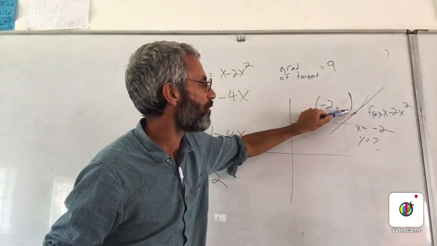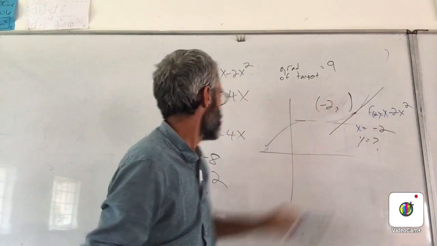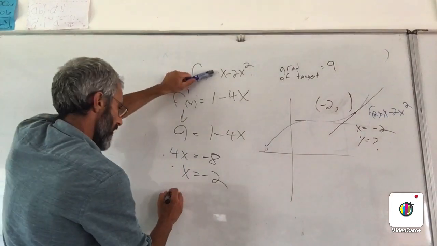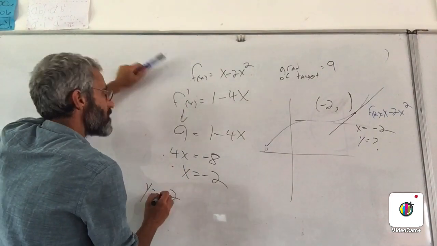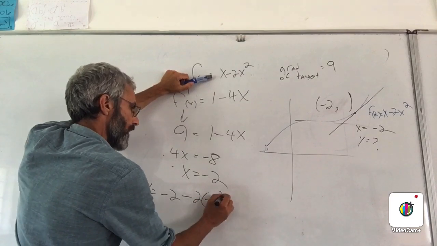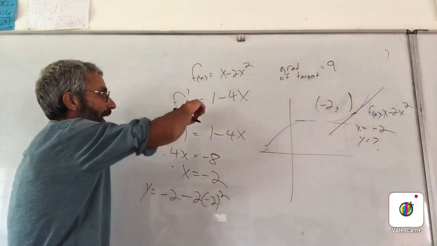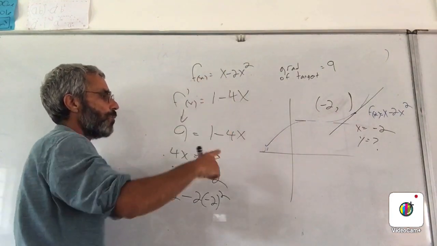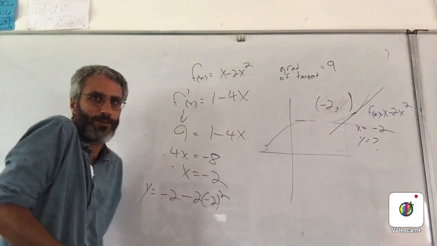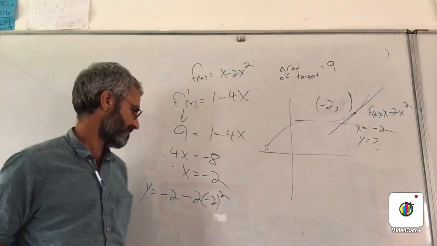I want to find out what is the y, so I need to plug it in here. So I'm going to write y equals minus 2 times minus 2 squared. I'm plugging minus 2 instead of the x. I'm not plugging it in the derivative. If I plug it there, I will get 9 because the gradient is 9. But I don't look for the gradient now. I'm looking for the y value.